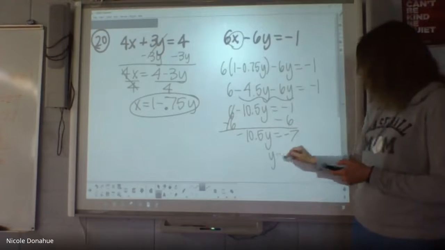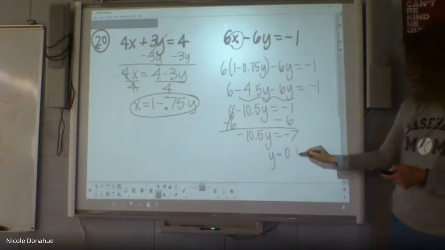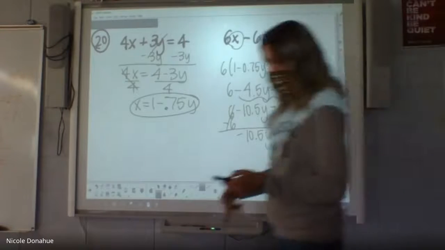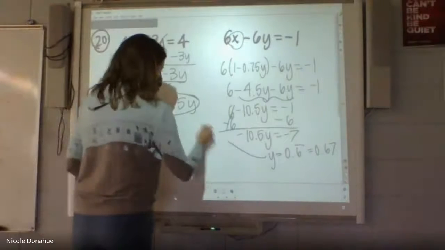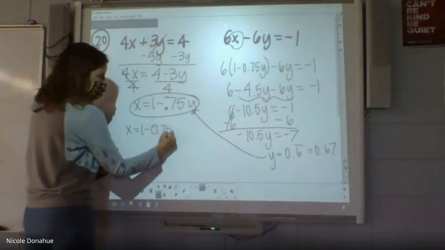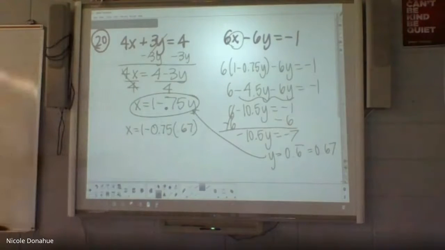And I end up with 0.6 repeating, or that's gonna be 2/3. 0.6 repeating, or 0.67, 2/3. And once I have that, then I can put that back in up here. And I'm gonna multiply it the way it is.